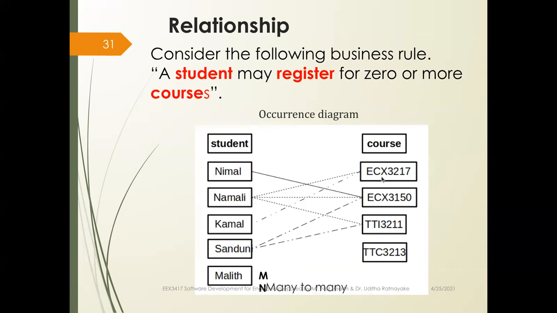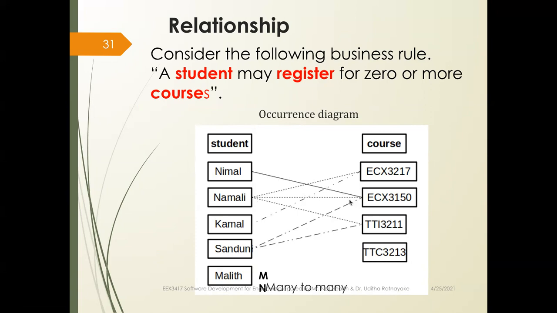Here, this course, ECX3151, has been obtained by three students, no? Nimal, Normally, and Sandhani. In both sides, these triangles are available.